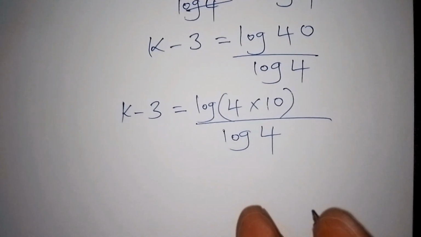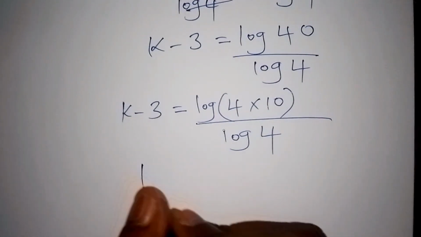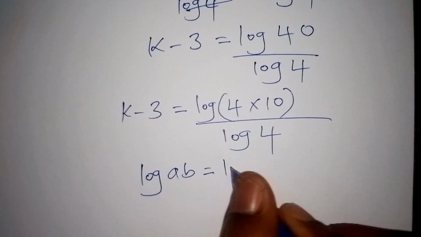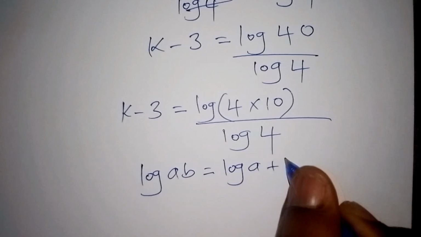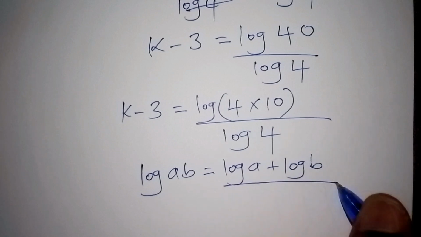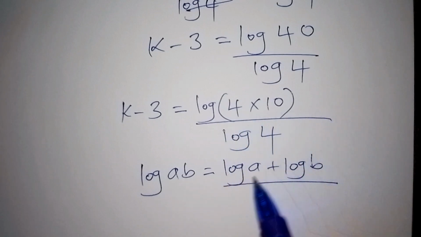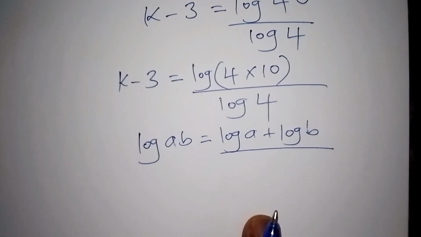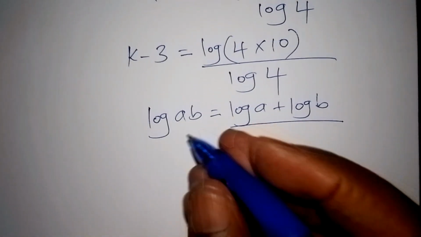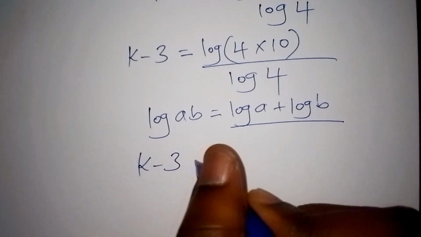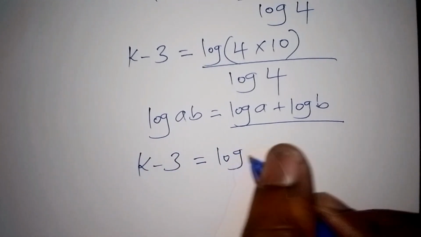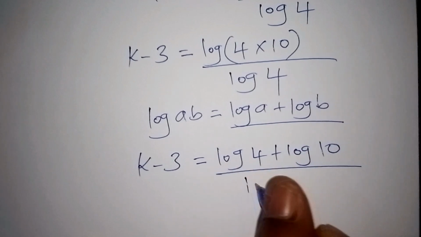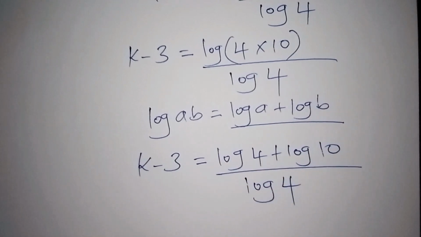The log of 4 multiplied by 10 is the same as the log of AB, which can be expressed as the log of A plus the log of B. So k minus 3 now equals the log of 4 plus the log of 10 all over the log of 4.